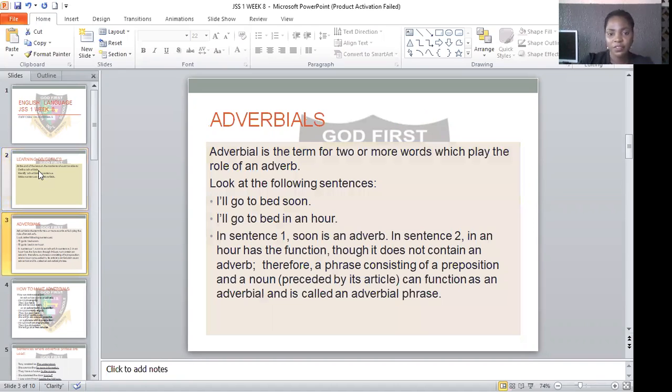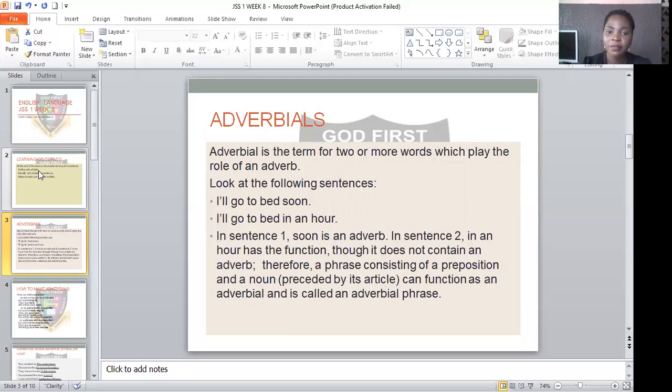Moving on, what are adverbials? Now, we know what an adverb is. An adverb is a word that modifies a verb, an adjective, or another adverb. But what are adverbials? There's a clear difference between adverbs and adverbials, even though they are kind of interwoven.